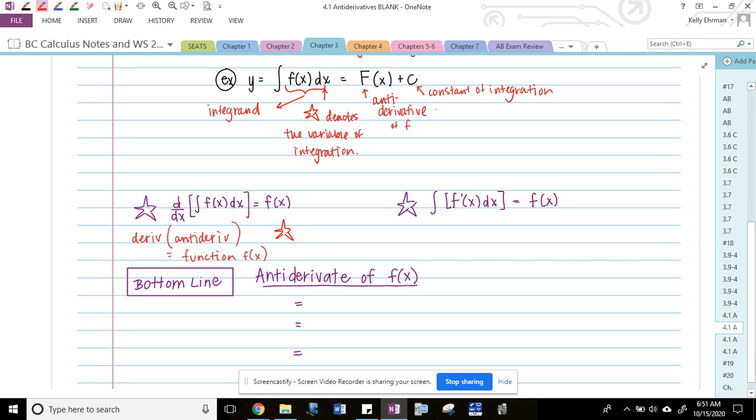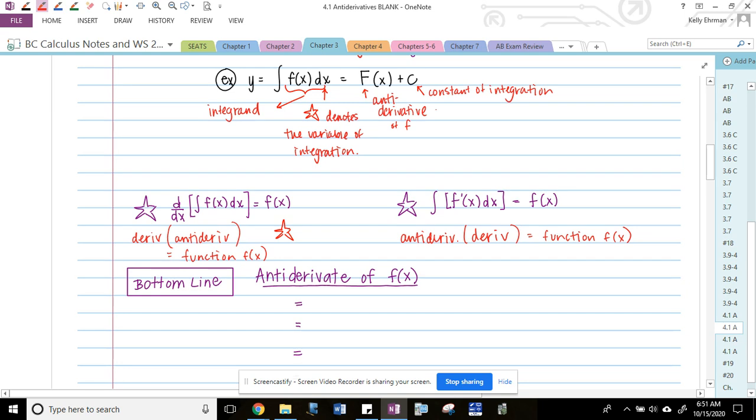And the opposite is true if you're starting out with the derivative of f, and that is supposed to be a lowercase f. So if you're starting out with the derivative of f of x and then taking the antiderivative of it, the antiderivative of the derivative should equal, again, the function itself, f of x.